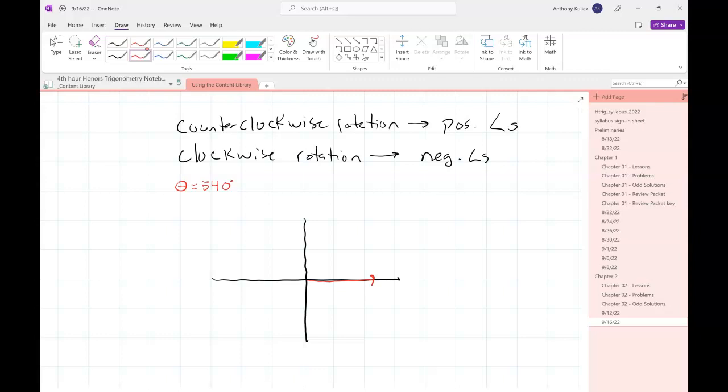So if I were to take an angle of 540 degrees, I would go 1 full rotation and then half a rotation more. So that's like a 540, right? Oh, Mr. Kulik, so I can just keep spinning around in circles and we'll still call that an angle that we can draw? Yeah, we will.